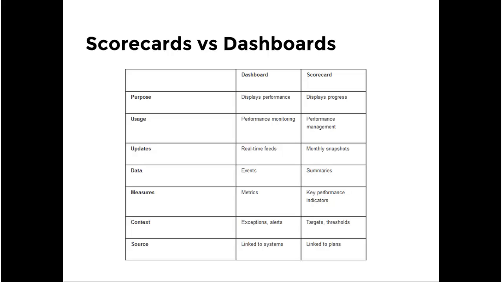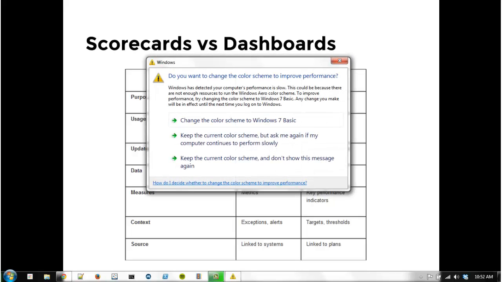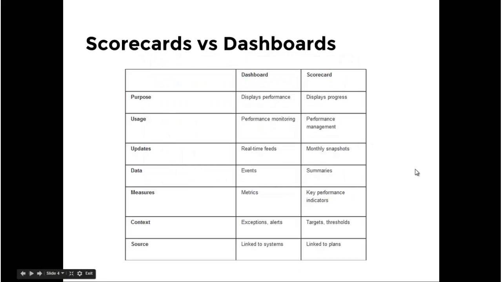So again, looking at the data, a dashboard is really quantifying the events, whereas a scorecard is summarizing what's been happening over a period of time. Typically, a dashboard includes metrics, whereas a scorecard might use the term key performance indicators, because typically in a scorecard you have some knowledgeable relationship with what you know to be important. And on the metric side, you're really dealing with any number of metrics that you're trying to monitor.